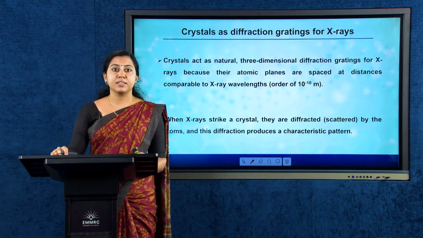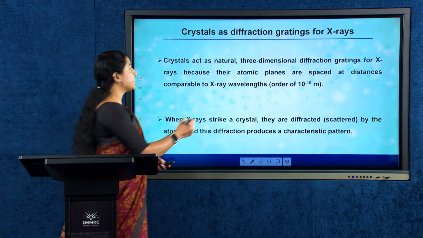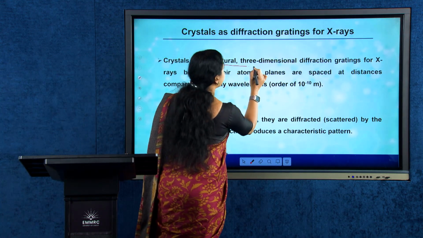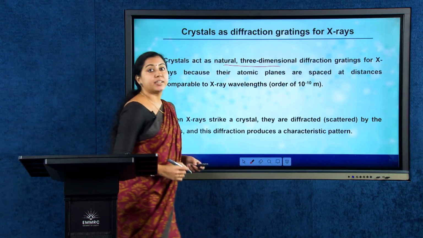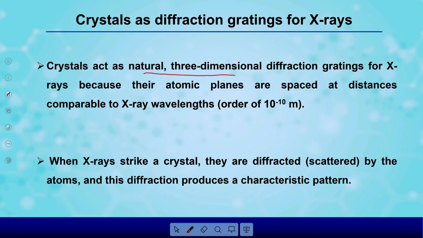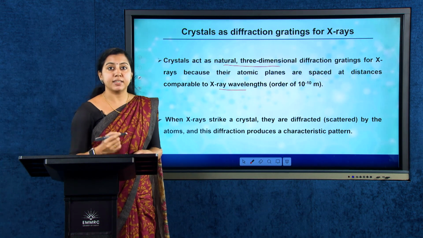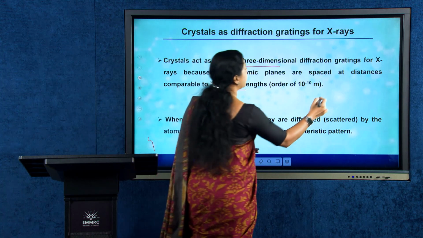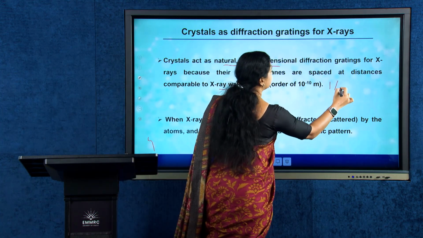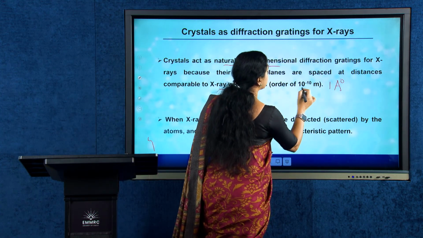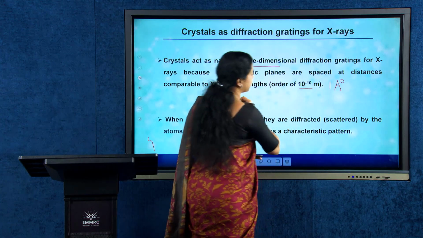We have seen that crystals can act as natural three-dimensional diffraction gratings for X-rays because their atomic planes are spaced at distances comparable to X-ray wavelengths. We know that the wavelength of X-rays is generally of the order of 1 angstrom, and 1 angstrom is 10 to the power of minus 10 meters.